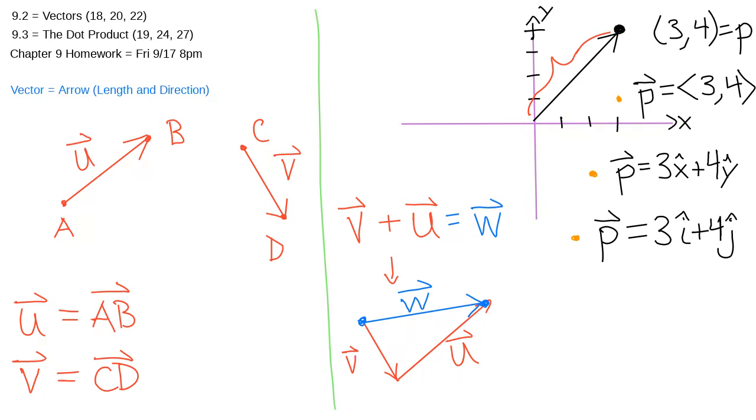So remember, the vector V goes from C to D, which in this case is same as A, and U goes from A to B. So it's almost as if the vector W is the vector from C to B.